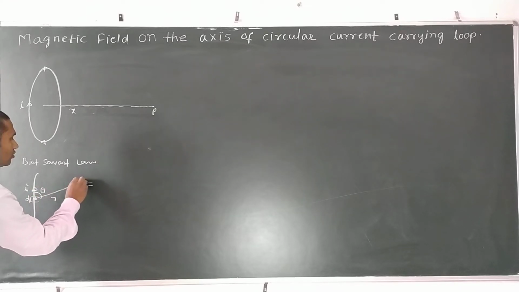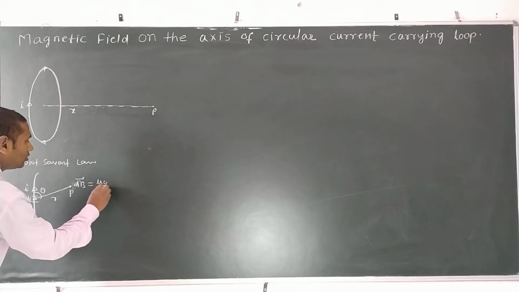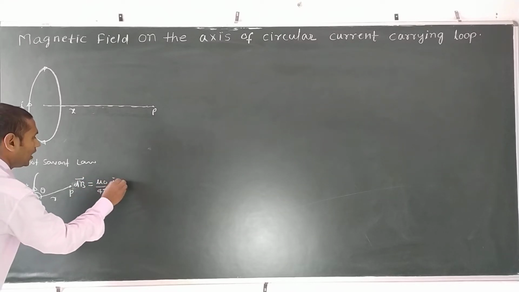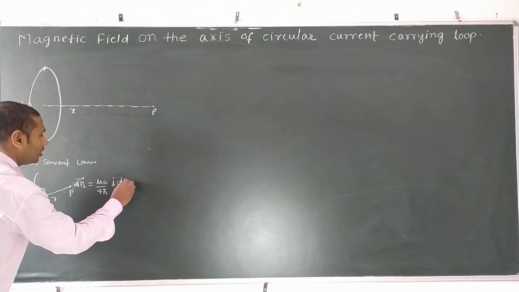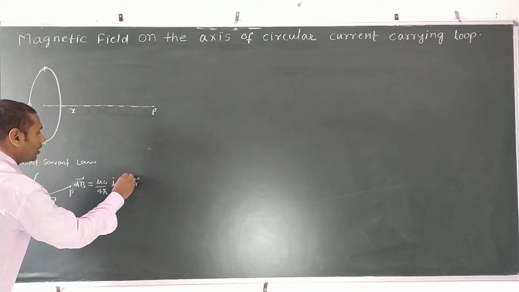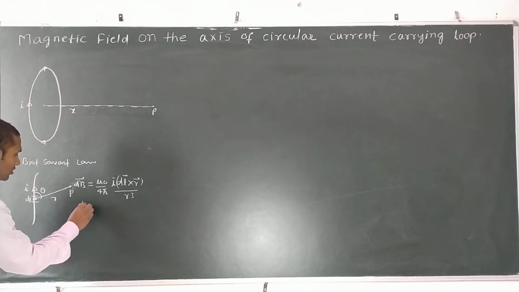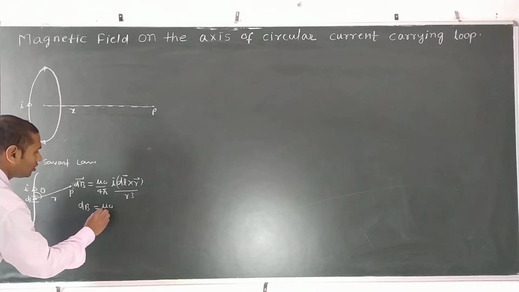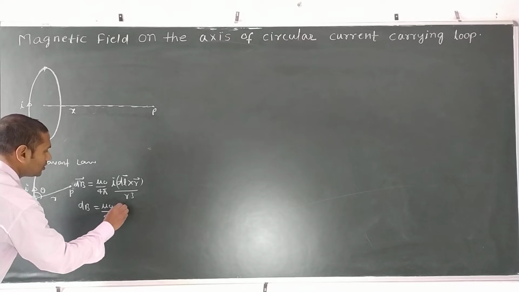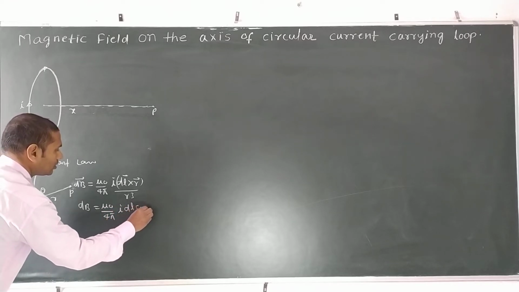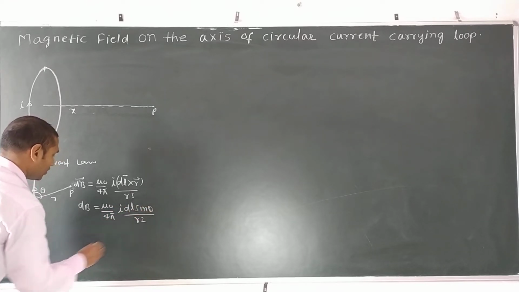This dB equals mu naught upon 4 pi, I dl cross r upon r cube. If you solve this equation, you get mu naught upon 4 pi, I dl sin theta upon r square.